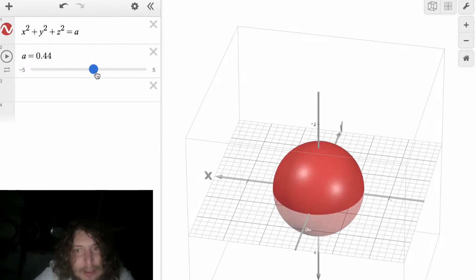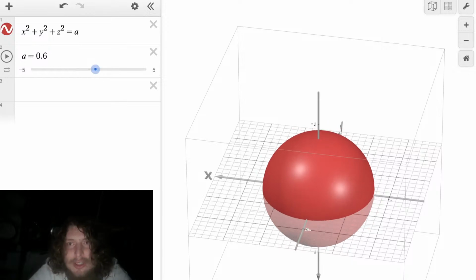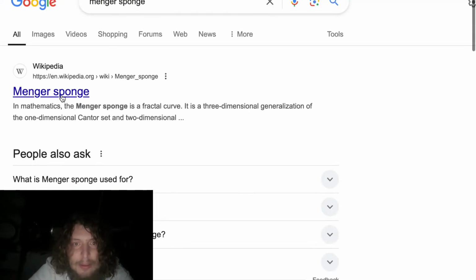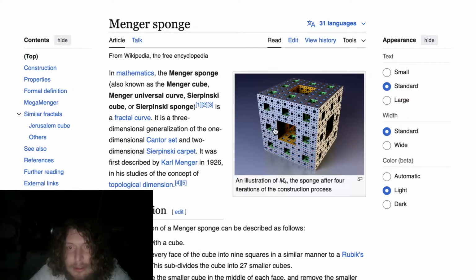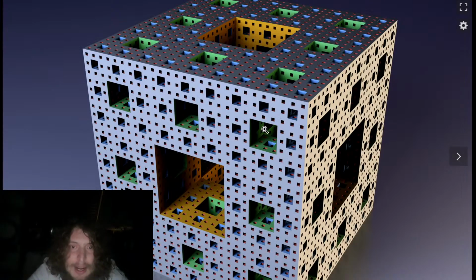Somebody noted the Menger sponge, or however that's pronounced, which is a really cool fractal. Let's just take a look at that thing they noted. Cool fractal shape. So there's a fractal curve after 4 iterations. Basically, each iteration you are cutting out the middle 9th of a section and then treating each of those remaining 8 as they get a bit cut out, although a 3D version of that.